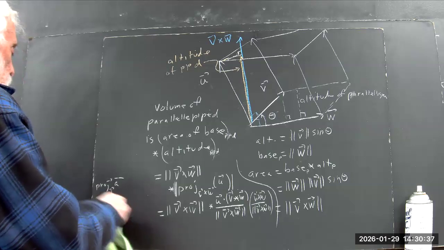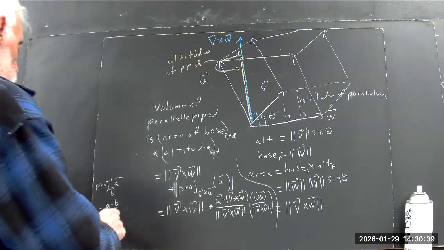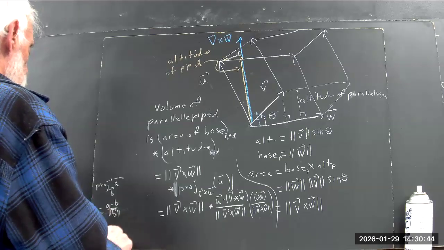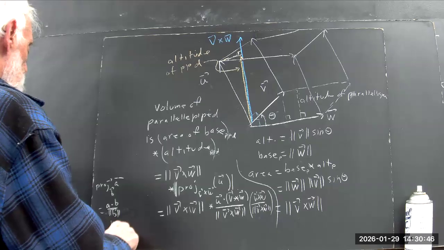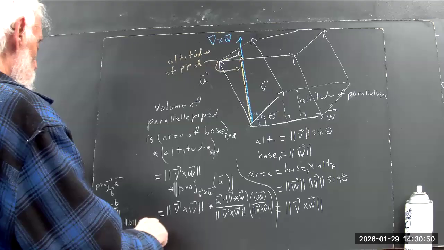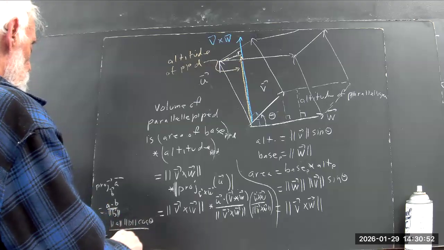We're projecting onto B. So you've got to divide this by the magnitude of B, which is then magnitude of A, magnitude of B, cosine theta, divided by the magnitude of B.